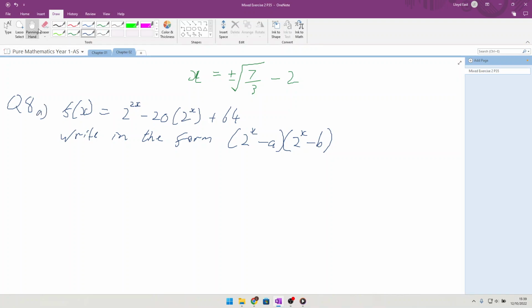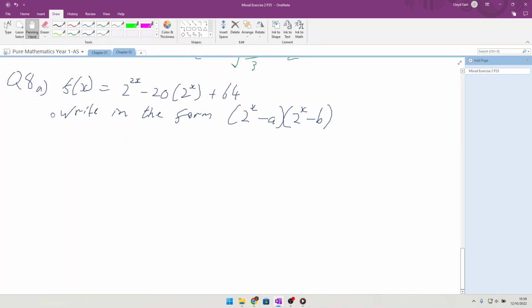Okay, so what are we looking at here? We can write 2 to the 2x as (2 to the power x) squared minus 20 times 2 to the x plus 64.